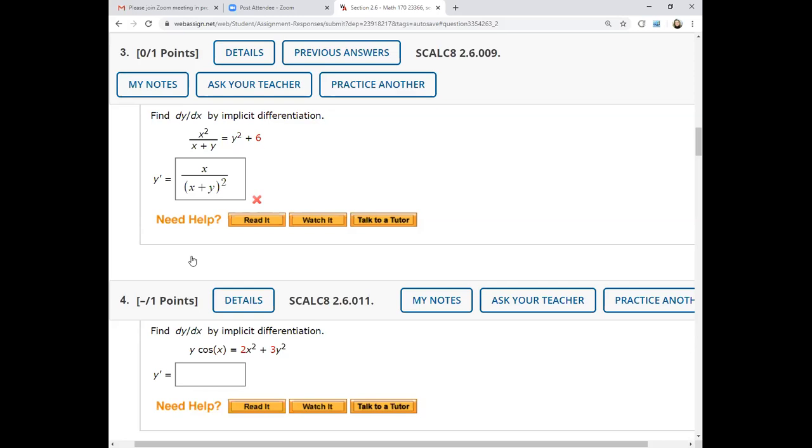Now dy dx is going to equal 4x plus y sine x over cosine x minus 6y. Okay, that's not so hard to enter.